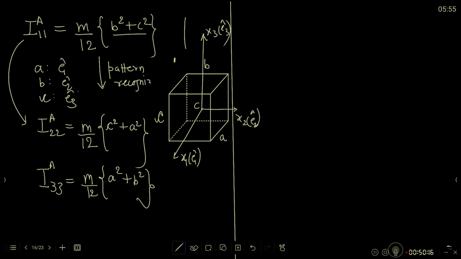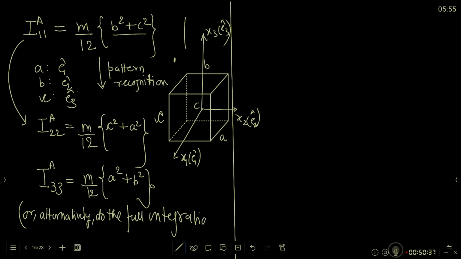Or alternatively integrate and get these answers. Do the full integration if you want, but for me it is enough to do one integration and write the other two by pattern recognition. So coming back to the full expression of IC for a cuboid, this is the inertia matrix relative to this coordinate system that I have drawn.